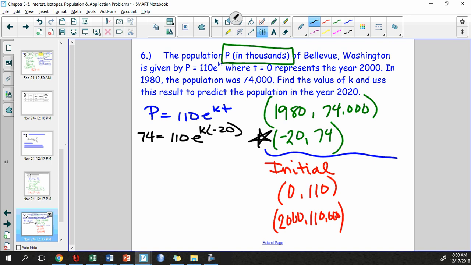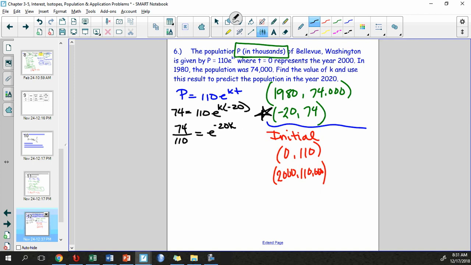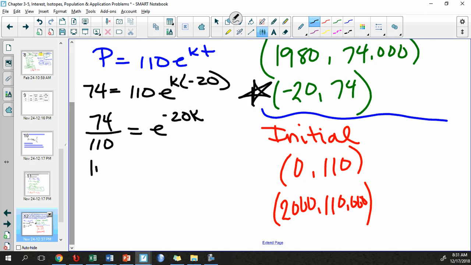Because I want to know the rate at which this thing is growing. If I cannot find the rate, I cannot do future predictions. Do we understand that? So I'm going to go ahead and take 74 and divide it by 110. Yes? Now, how do I solve for e? How do I do that? So I need to take the natural log of both sides.